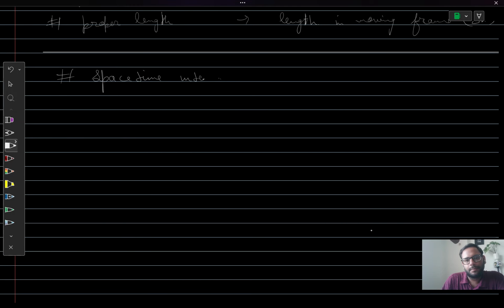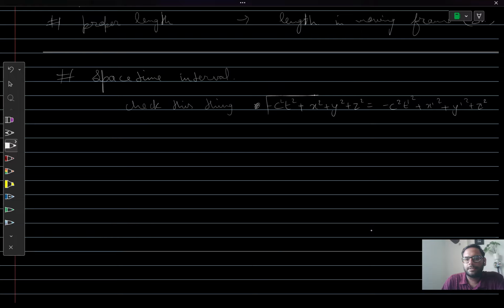You can check that minus c squared t squared plus x squared plus y squared plus z squared is equal to minus c squared t prime squared plus x prime squared plus y prime squared plus z prime squared.